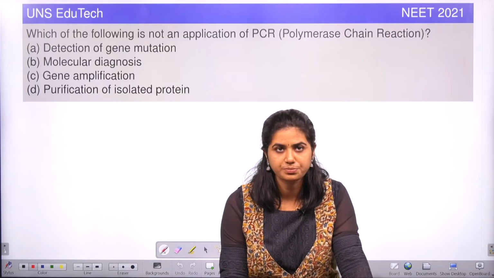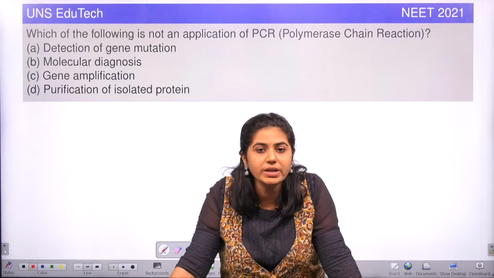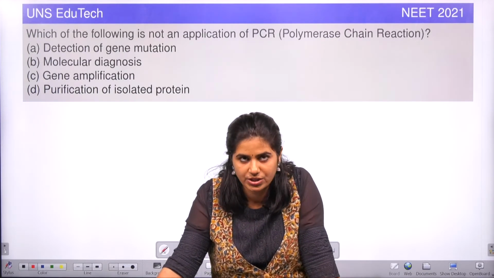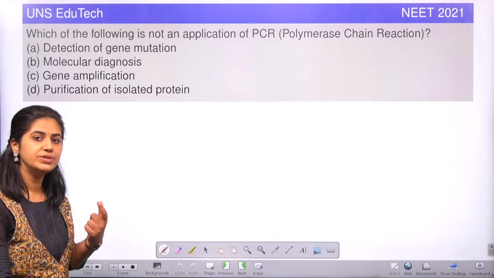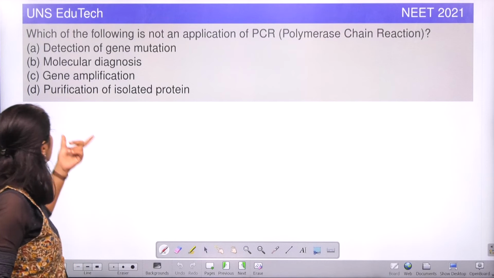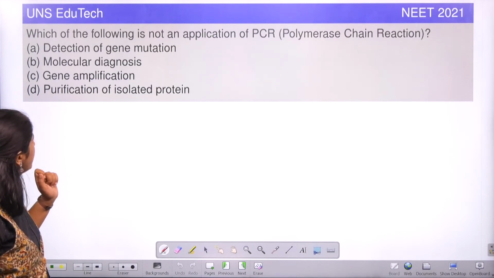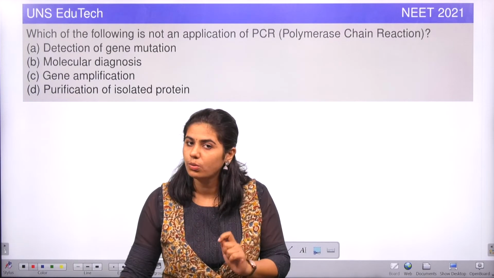Okay, now the next question: which of the following is not an application of PCR or polymerase chain reaction? The options are detection of gene mutation, molecular diagnosis, gene amplification, and purification of isolated protein. We know what PCR is.